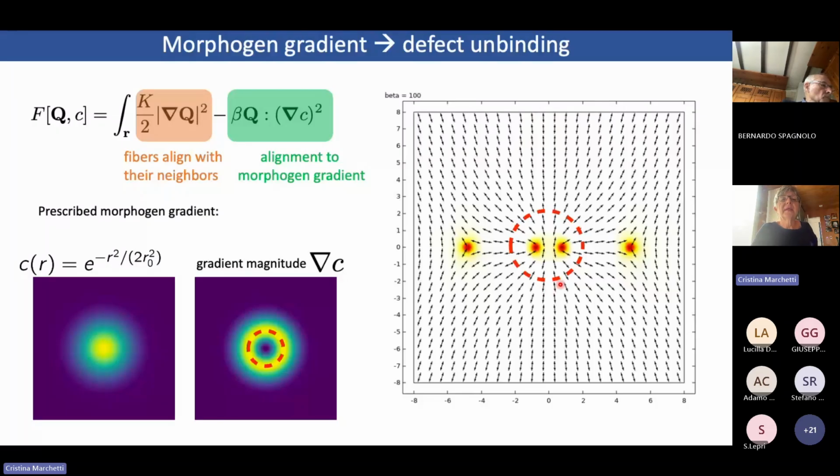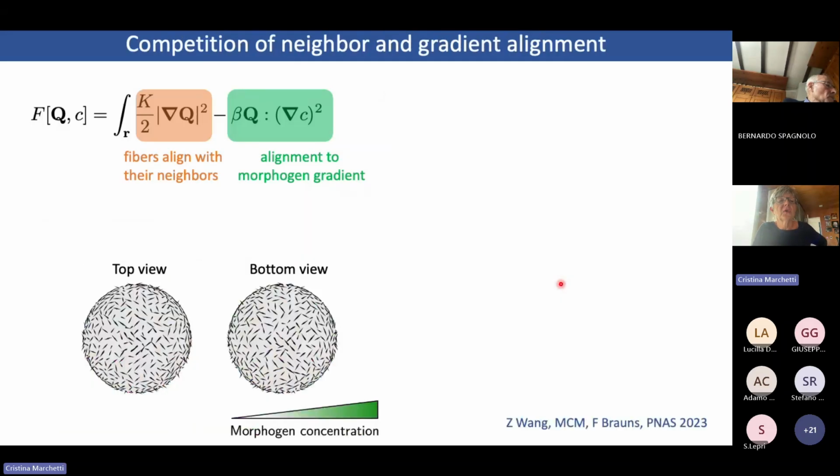So this was in a plane, but it's suggestive that something like this may happen at the head of Hydra, where this morphogen is really expressed. And so now I use the same free energy, but I change the geometry and topology, and put my nematic texture on a sphere.